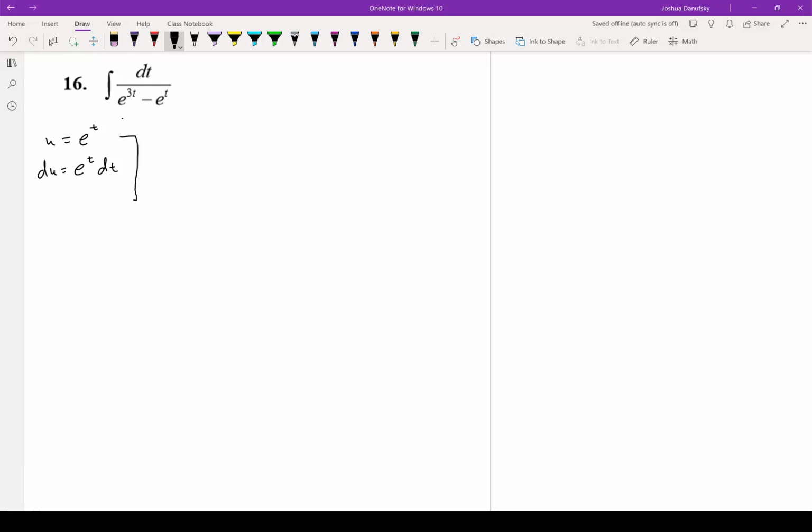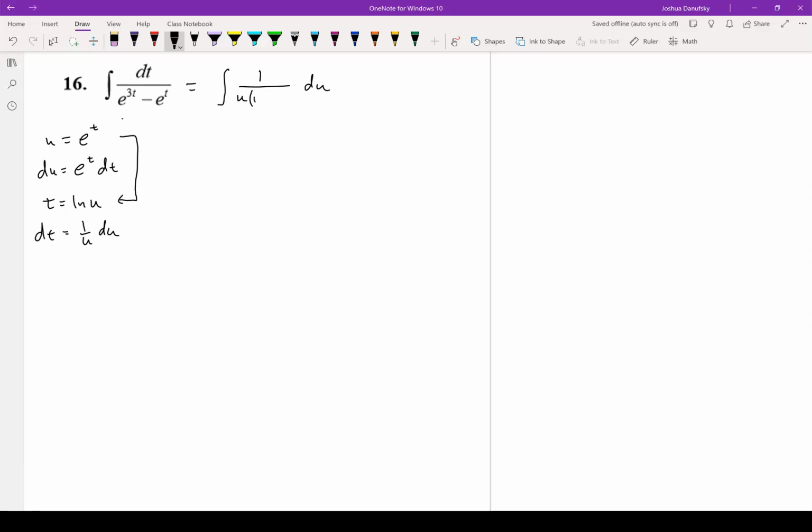If we go back to our equation of u and rewrite this in logarithmic form, we would have t equals ln u. Now we could say that dt is equal to 1 over u du. And so now we can rewrite this integral. Instead of dt, we're going to put 1 over u du.